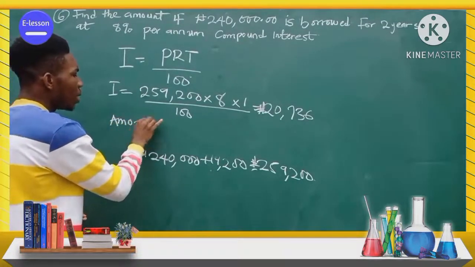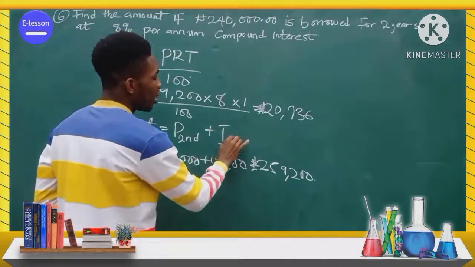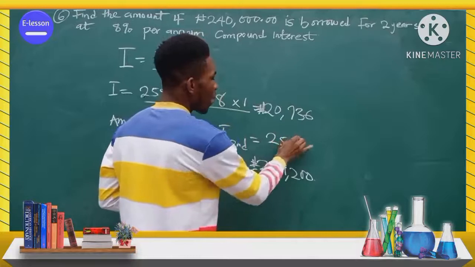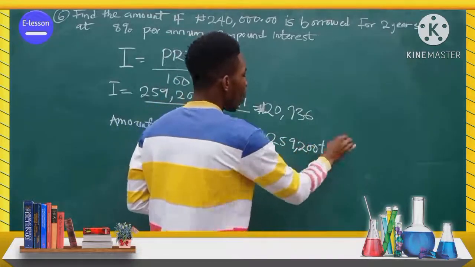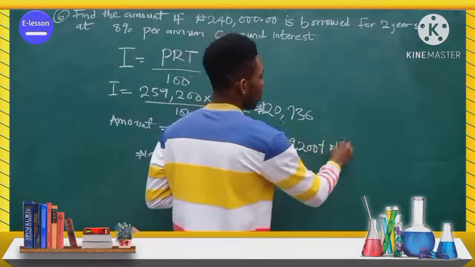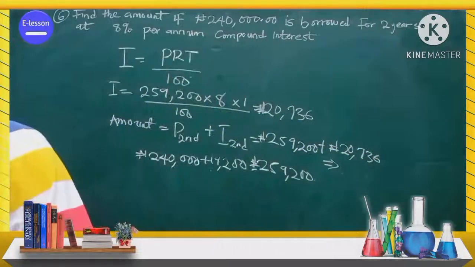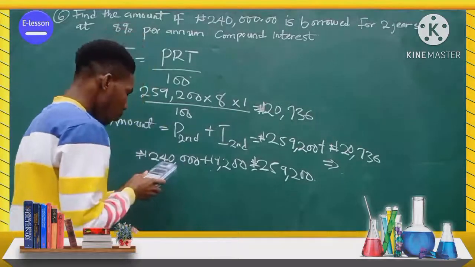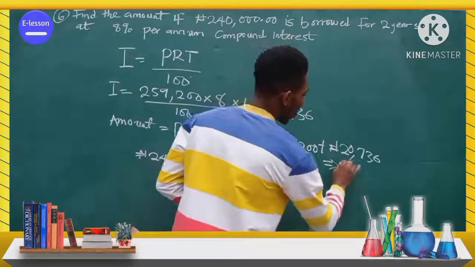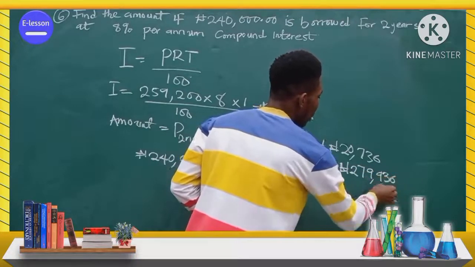So your total amount at the end of the year will be equal to the principal for the second year plus the interest for the second year. The principal for the second year is 259,200 plus the interest, 20,736 naira, and your final answer is 279,936 naira.